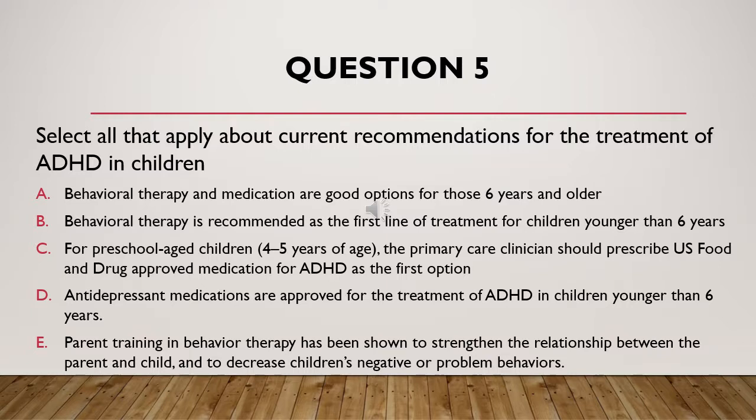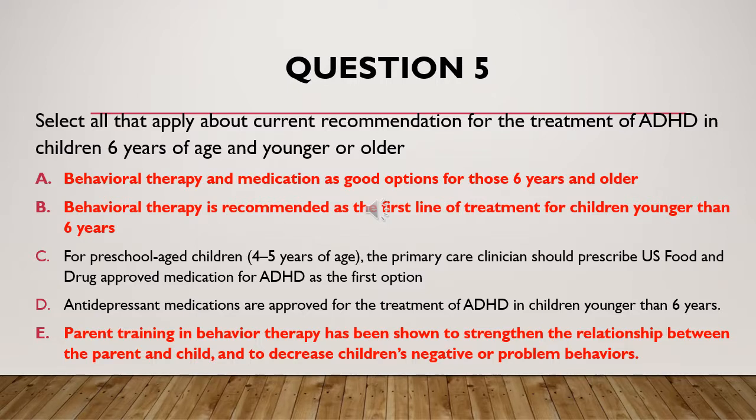C. For preschool-aged children, that's 4 to 5 years of age, the primary care clinician should prescribe U.S. Food and Drug approved medications for ADHD as the first option. D. Antidepressant medications are approved for the treatment of ADHD in children younger than 6 years. And E. Parent training and behavior therapy has been shown to strengthen the relationship between the parent and child and to decrease child's negative or problem behaviors.